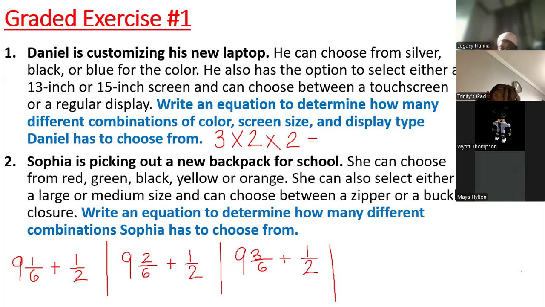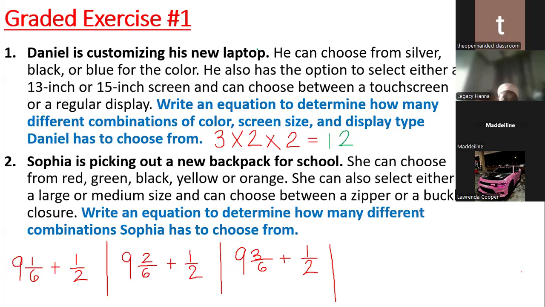Good. And 6 multiplied by 2 is what? 12. Good. So the answer is what? 12. How many persons got 12 for number 1? I did. I did. Very good. Anyone else got 12 for number 1? Let me hear you. I did. Okay.